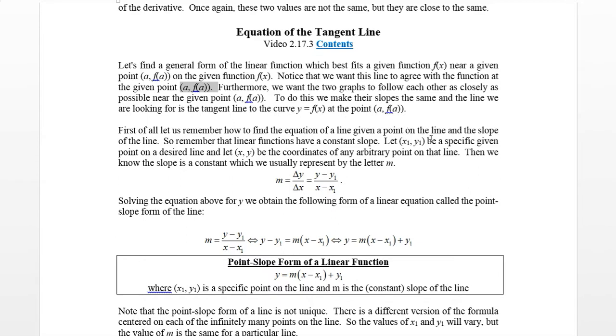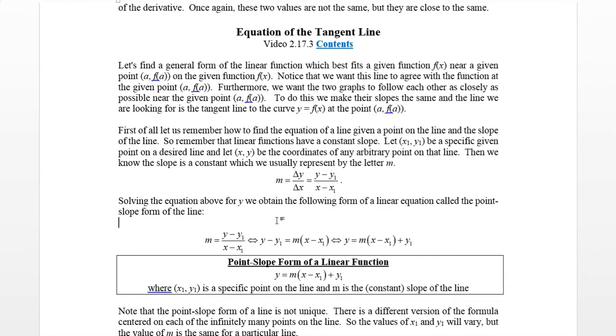So if we take a specific point we know is on the line, let's call it x1, y1, and then take any other point on the line, a variable arbitrary point x, y, then the slope is constant, and we let that be represented by the letter m as usual. So m, which is delta y over delta x, is a constant. That's y minus y1 over x minus x1, the same number every time, which we call m.